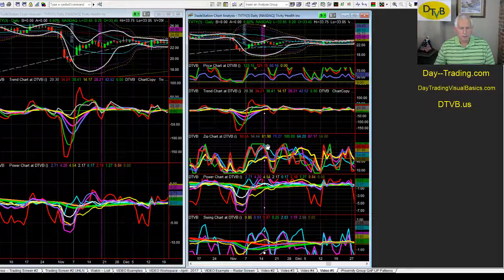Oftentimes your Zip Green is at 8 or 10 days at 100, and so you know that there's been a really strong push. Even though buyers are dropping out of the market, when we see the Zip Green drop, we know that the Zip Pink, the price, stays up, and so there are others buying in that particular situation, and we call that a pink diving board.